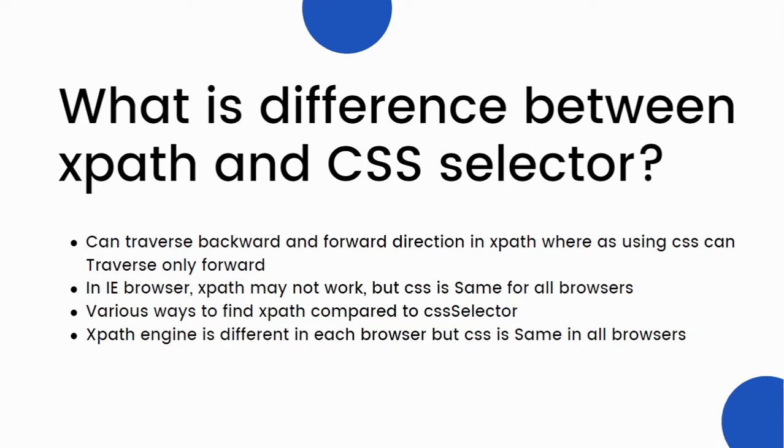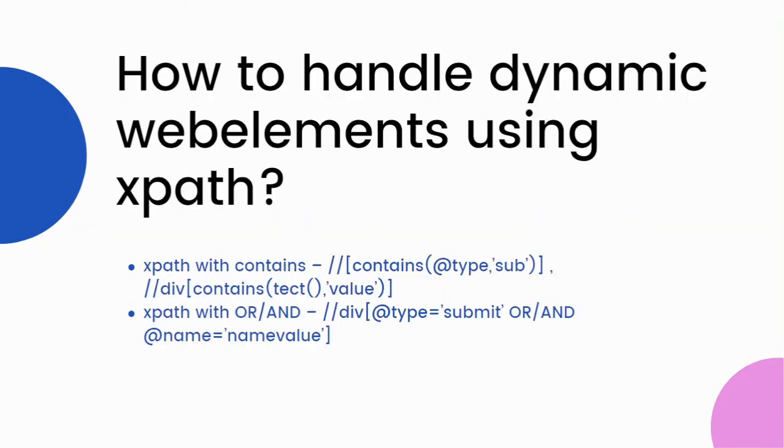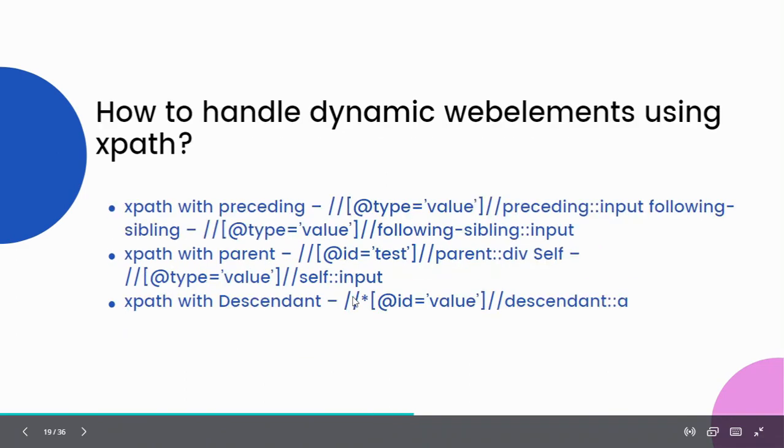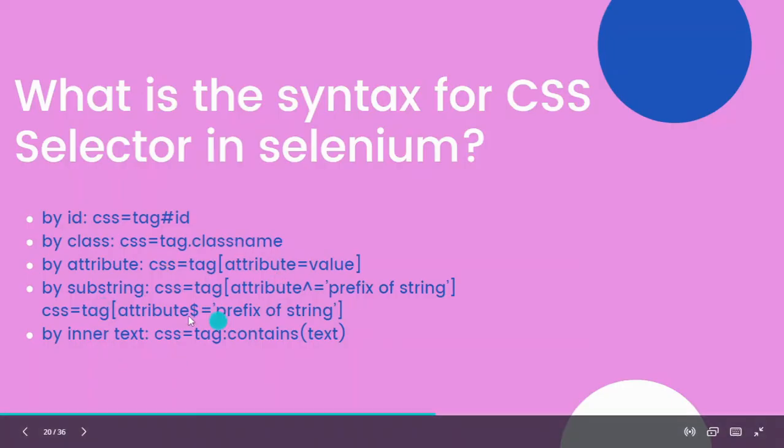And the next one is, Xpath has various ways of finding the web element compared to the CSS selector. Here you can see that for finding the dynamic web element, we have multiple ways using the Xpath. But in the CSS selector, we have limited options to find a web element.